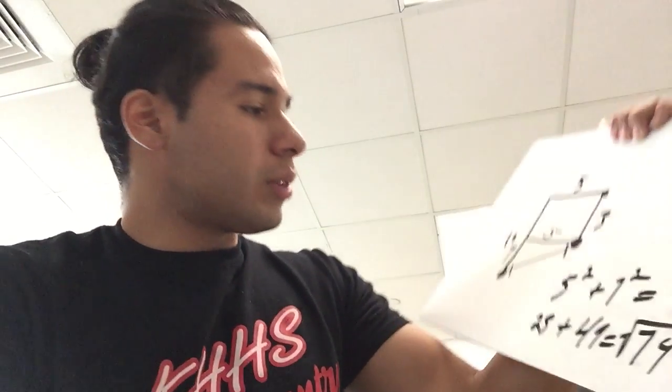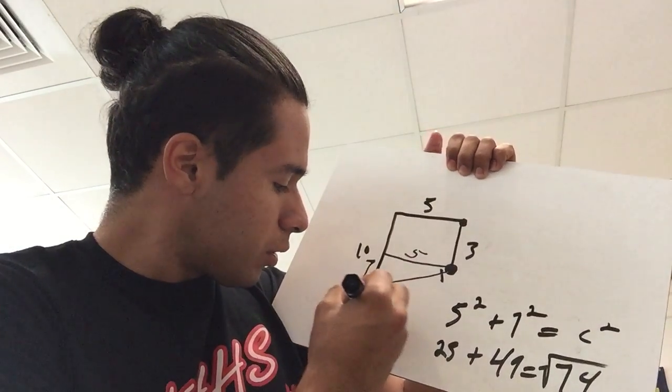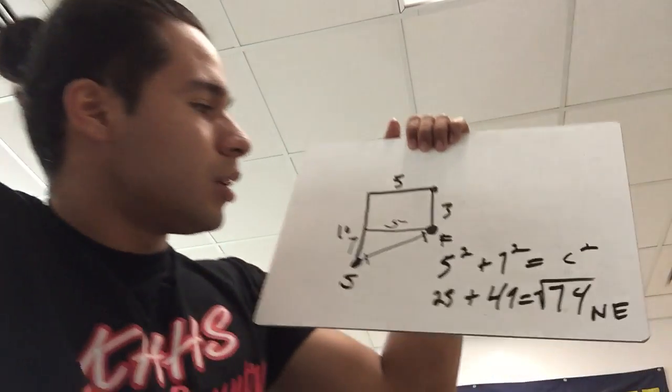And 25 plus 49 equals 74. The square root of 74 would be your displacement with the direction of northeast. Is that correct? Yes, northeast, because this is our start and this is our finish.